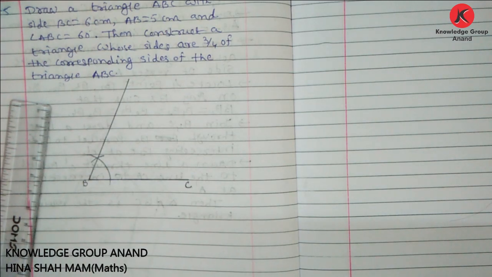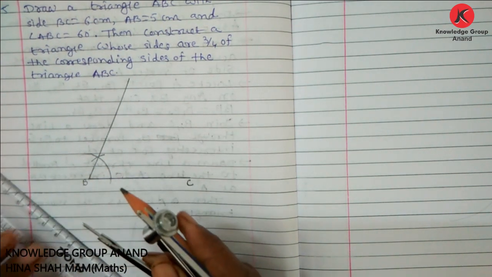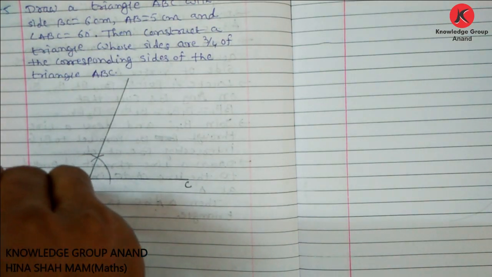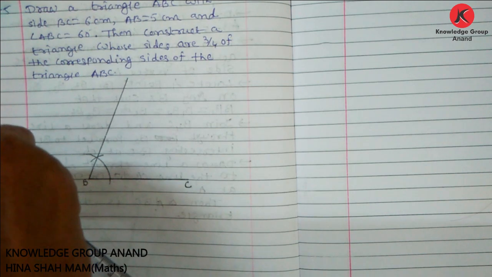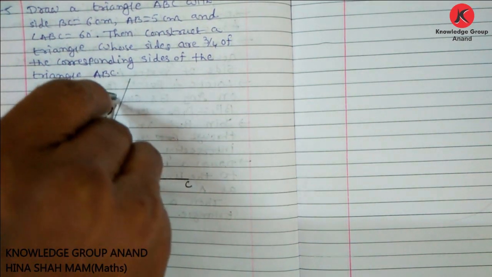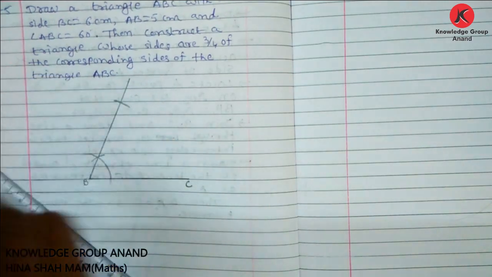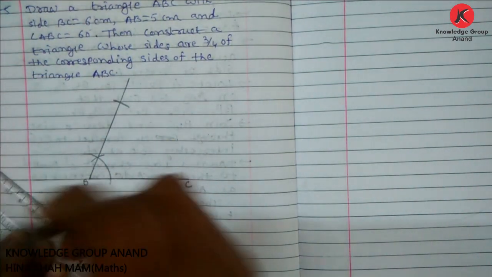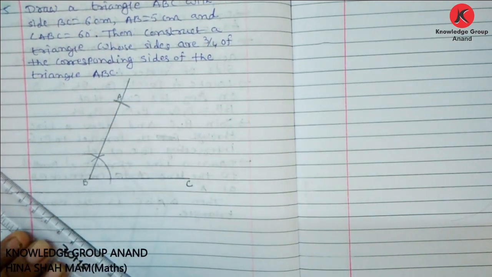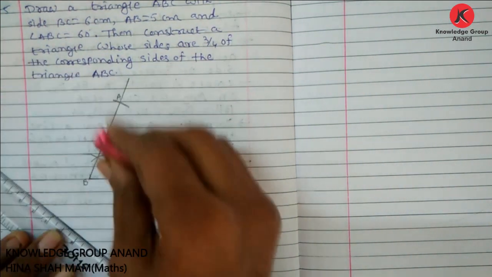AB is equal to 5 centimeter. Here AB is equal to 5 centimeter.